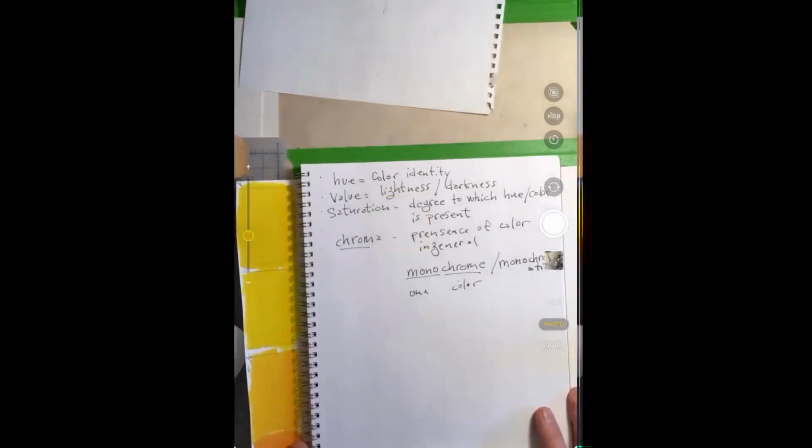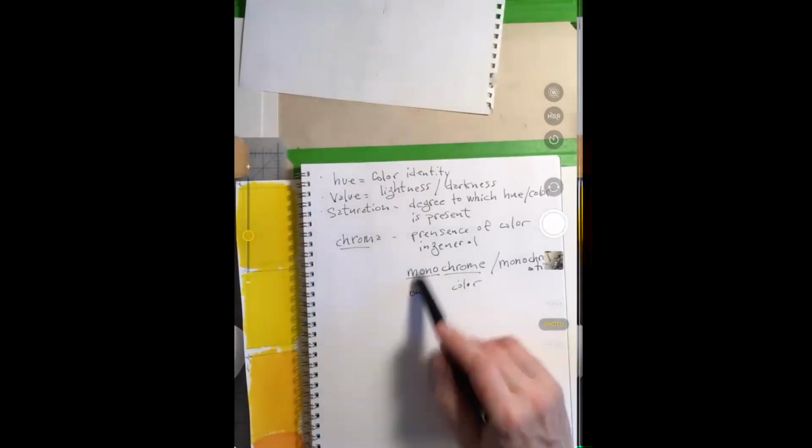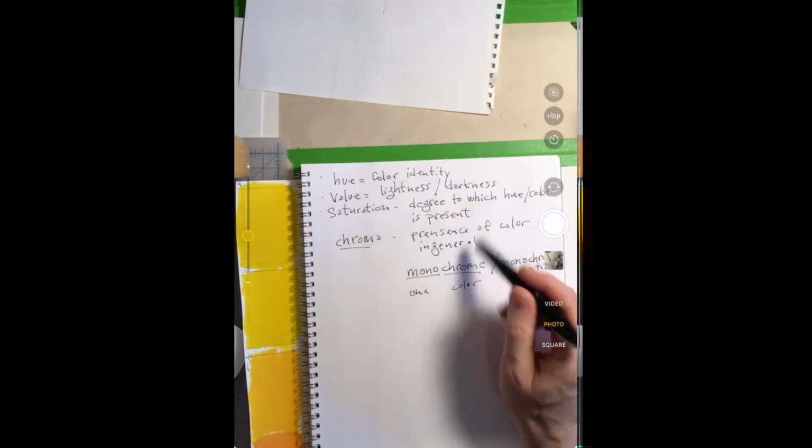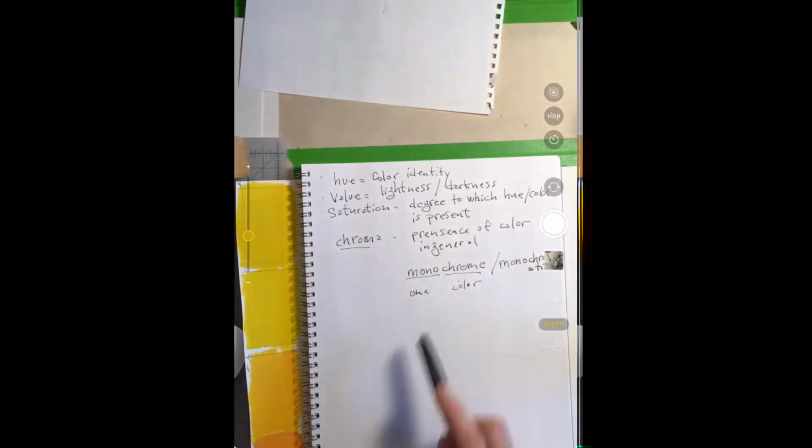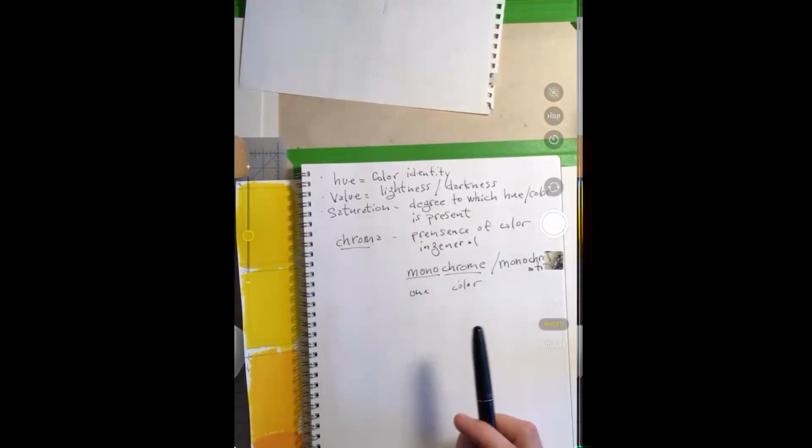Chrome is color. And monochrome or monochromatic is when you have an object or a color scheme that uses only one hue. So that doesn't have anything to do with how much of the hue is present. You can have multiple saturations, and you have to have multiple saturations with any monochromatic color scheme.